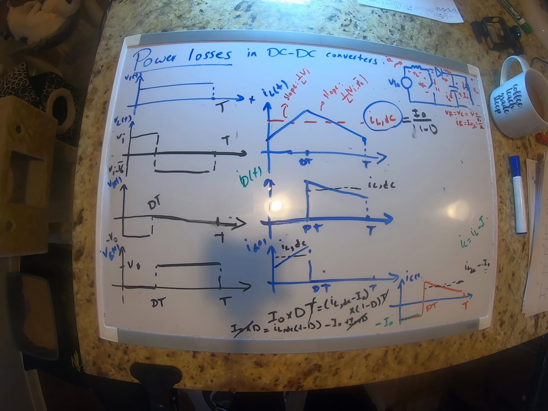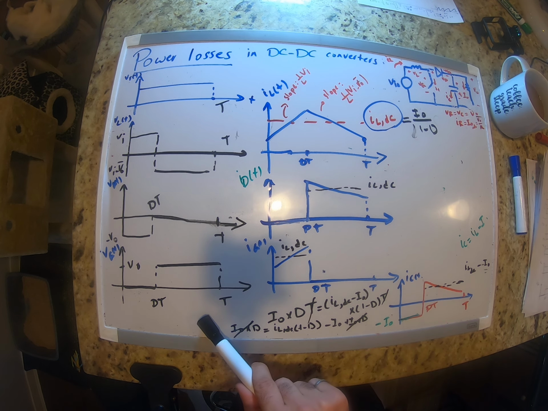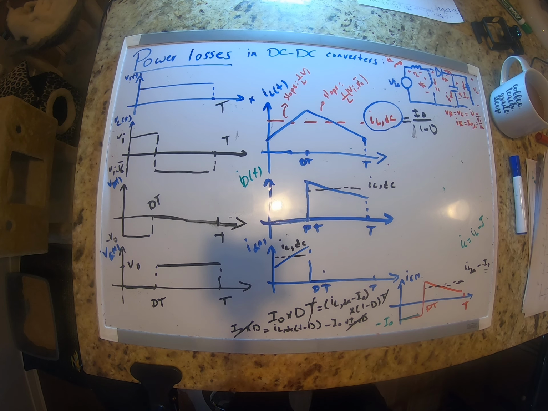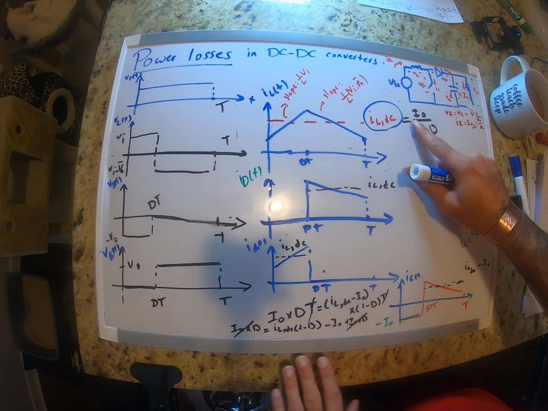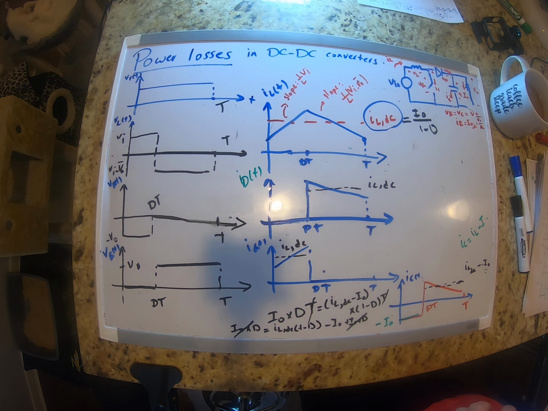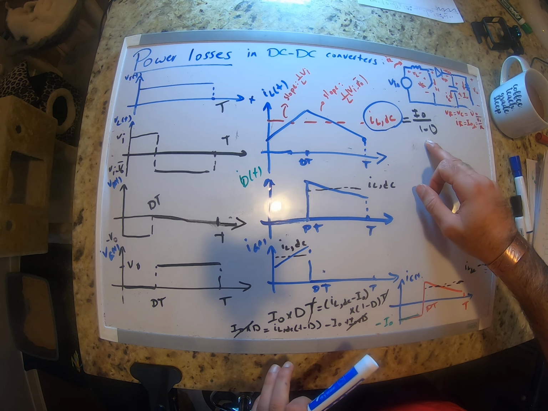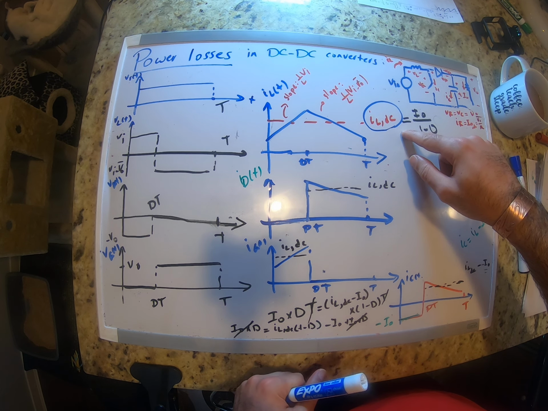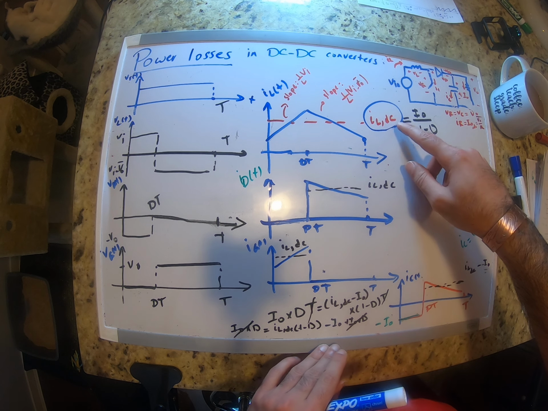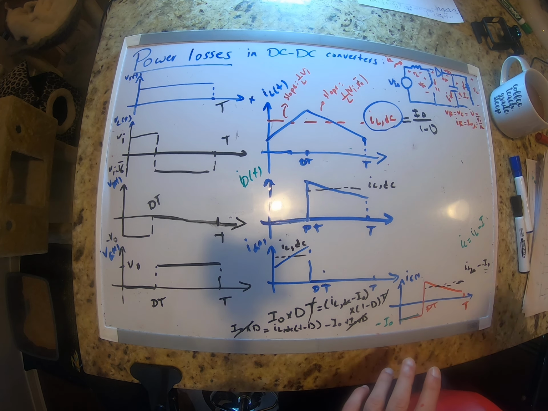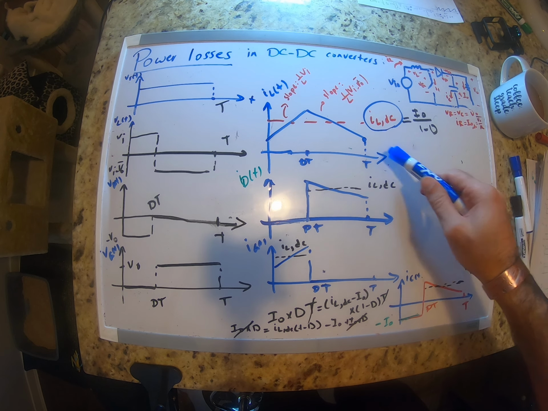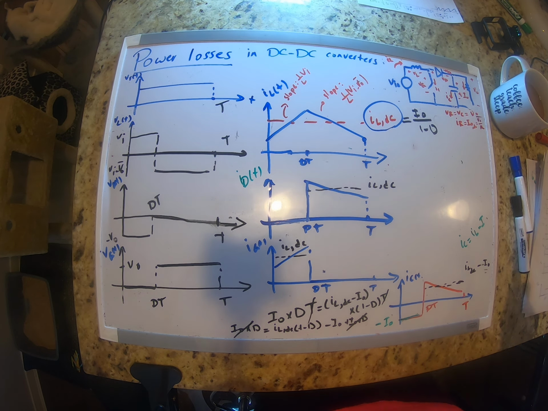IO times D is equal to ILDC minus IO times (1 minus D)T. These cancel out. IO times D is equal to ILDC times (1 minus D) minus IO plus IOD. These cancel out. IO is equal to ILDC times (1 minus D), so ILDC is equal to IO divided by (1 minus D). So this is what we have for the boost converter. And I made a mistake when I taught this in ELEX 3130: I didn't do the calculation. I just told you that ILDC is equal to IO, which is wrong. That's only true for the buck converter. For the boost converter, this is how you can find ILDC.